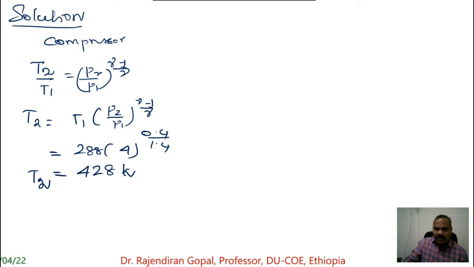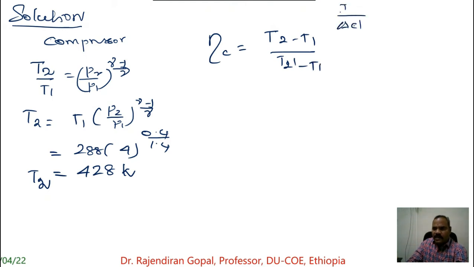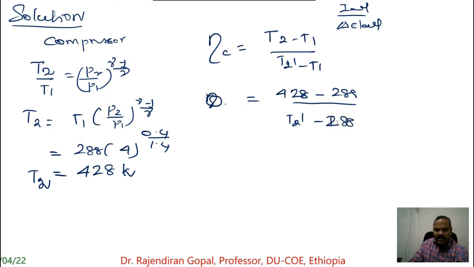Now we know that isentropic efficiency of the compressor is equal to T2 minus T1 over T2 dash minus T1, that is ideal compression over actual compression, that is equal to 428 minus 288 over T2 dash minus 288. Efficiency of the compressor is equal to 0.86.